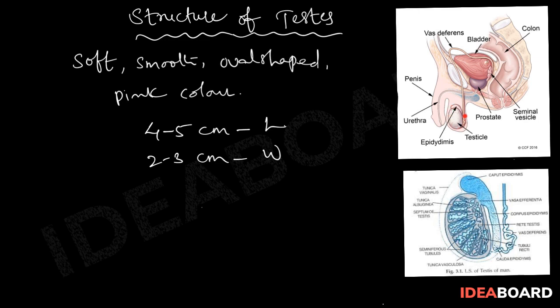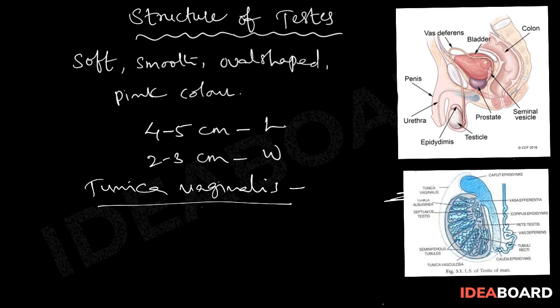In the scrotum, each testis is surrounded by 3 layers of tissues. The outer layer is called the Tunica Vaginalis.